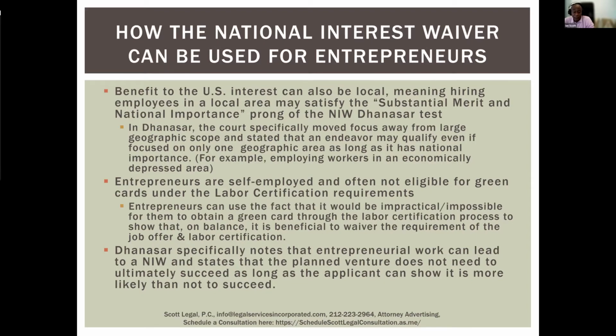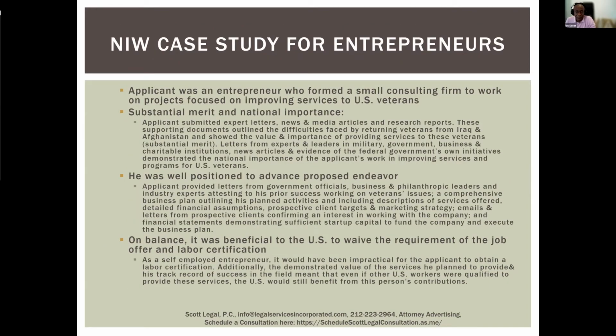Also, for prong three in particular, we use the argument that the entrepreneur is not eligible for the labor certification process. So that particular prong is not applicable for entrepreneurs. So that's a successful argument that we've used in the past. And then we're always making the argument that it's more likely than not that the endeavor is going to succeed.